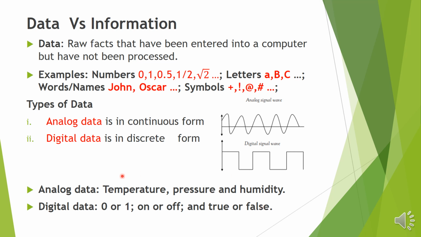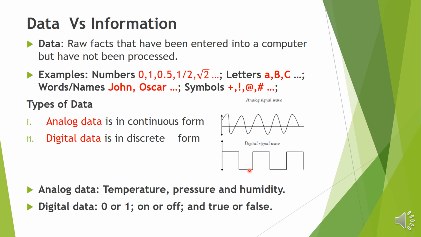The second type of data is digital data. When you look at the second figure, you see that we have only two possible values. Here we have 1 and here at the bottom we have 0. So the figure contains a sequence of zeros and ones.